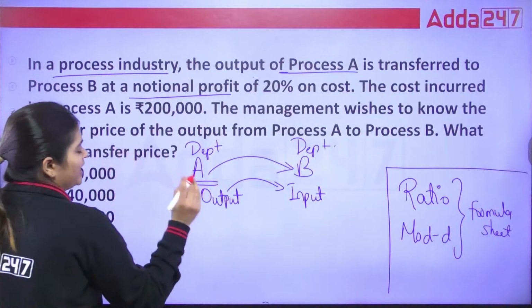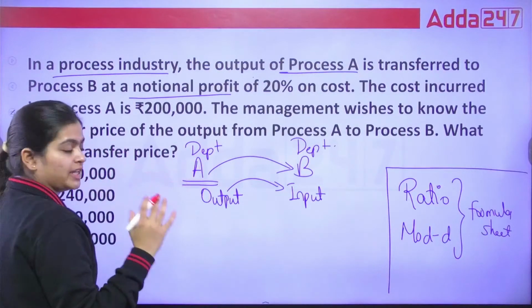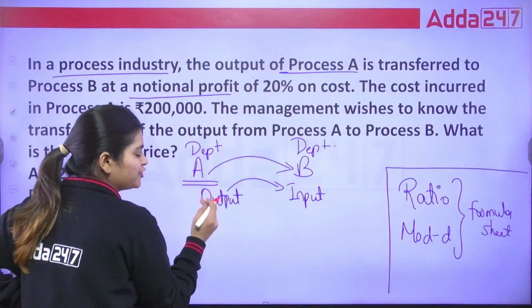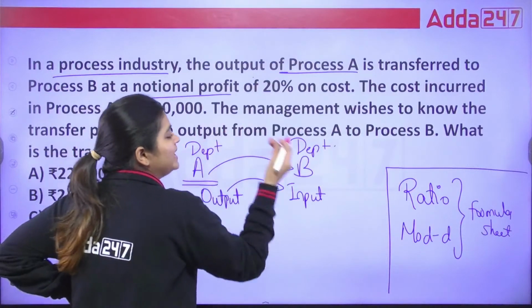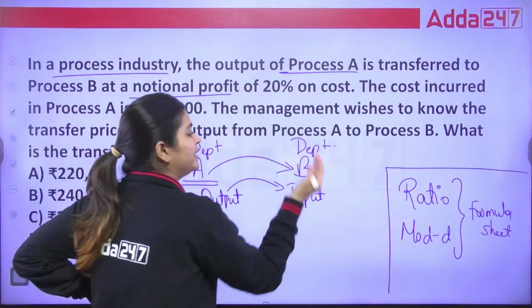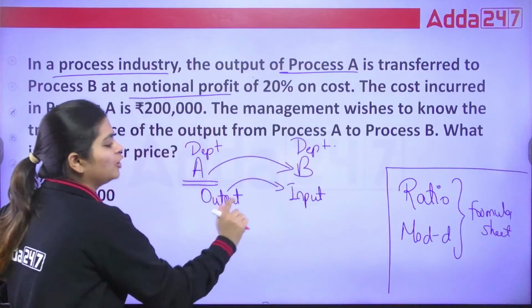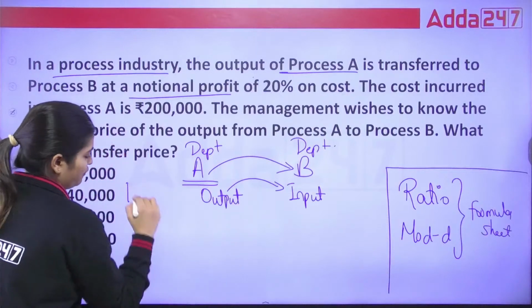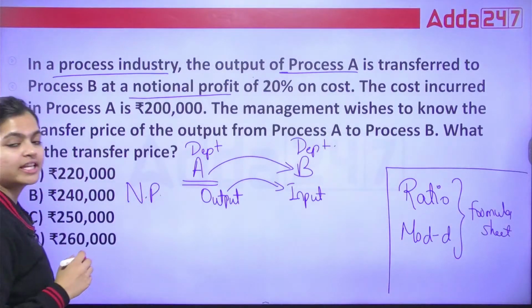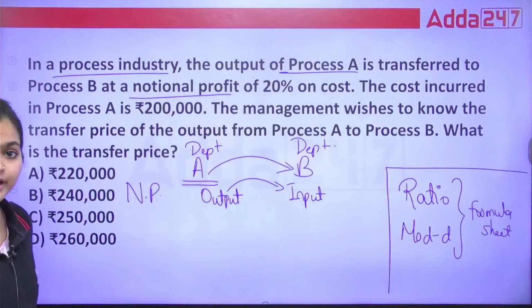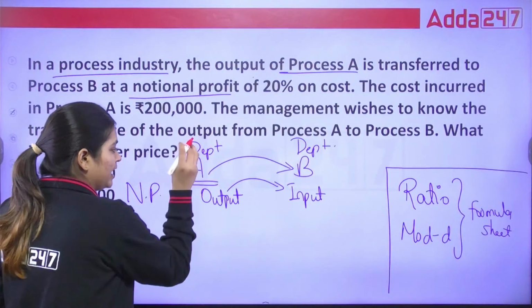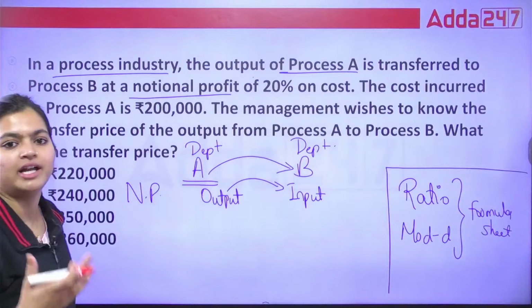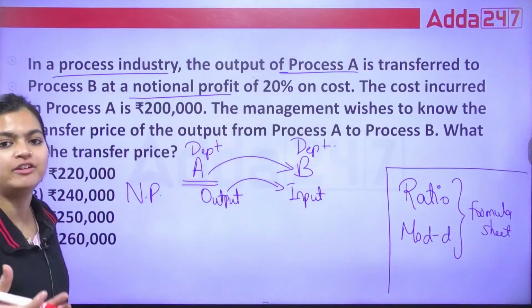Now, as per your costing, if any one department transfers its output to the next department and that department uses that output as its input, we need to calculate the notional profit. Because then department A and B will be showing their financial data separately to their top level management.